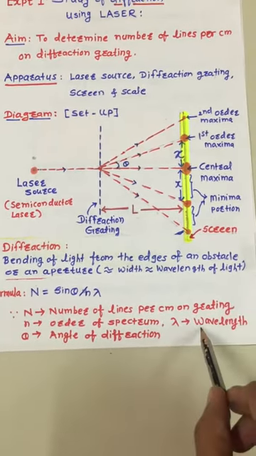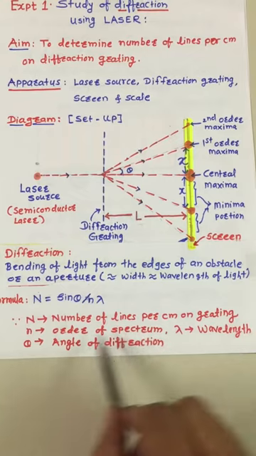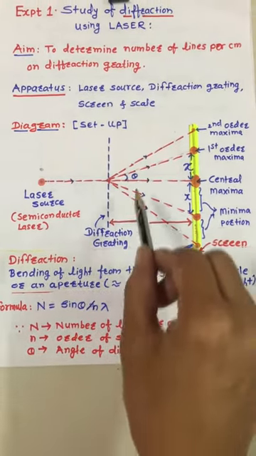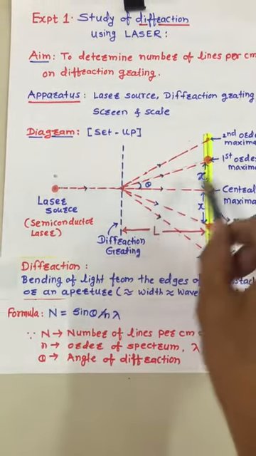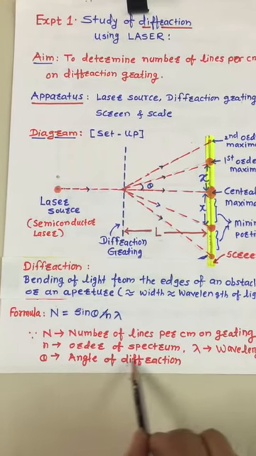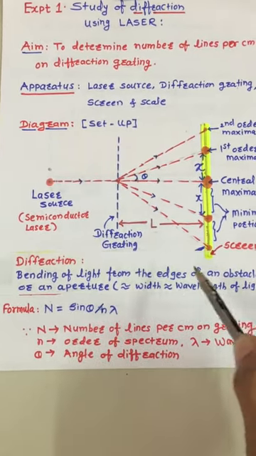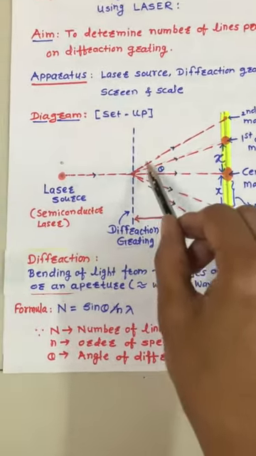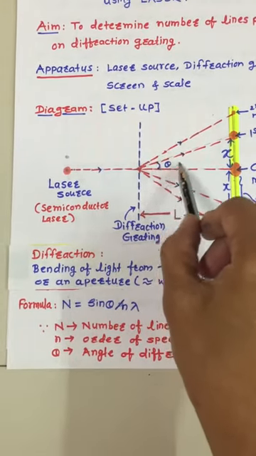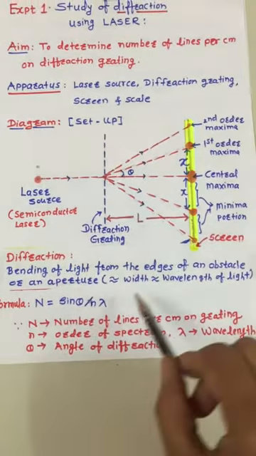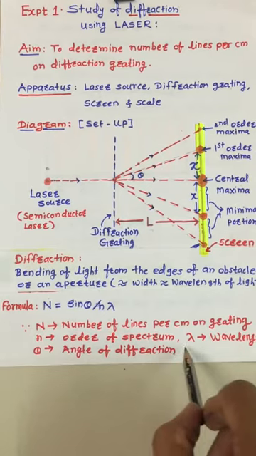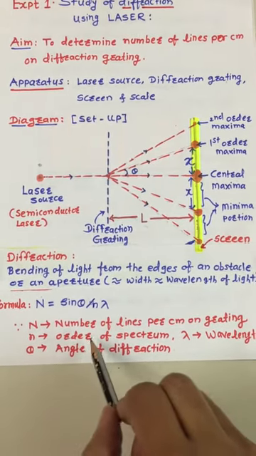Lambda is the wavelength of incident light, and theta is the angle of diffraction. For first order maxima we consider this theta as the angle of diffraction. For second order it is another angle. Here theta is taken, as an example, as the angle of diffraction for first order maxima.